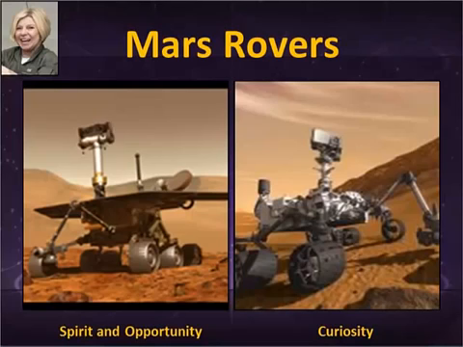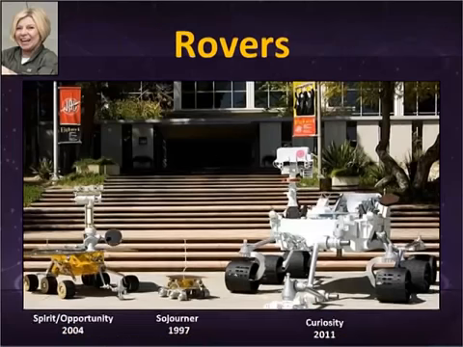We're going to be landing Curiosity completely different from anything else that we've ever landed on the surface of Mars. It's not going to go down in a bouncy ball. It's actually going to be lowered a little bit differently. So if you haven't seen that yet, you need to watch Curiosity as it lowers itself to the surface of Mars. And this is a precursor, hopefully, to eventually sending humans to Mars, because we probably want to land them close to the same way.